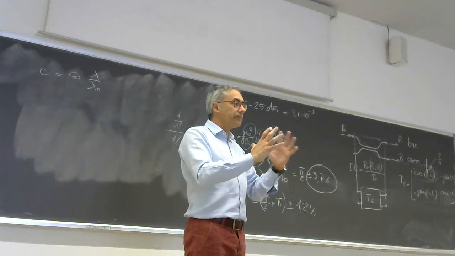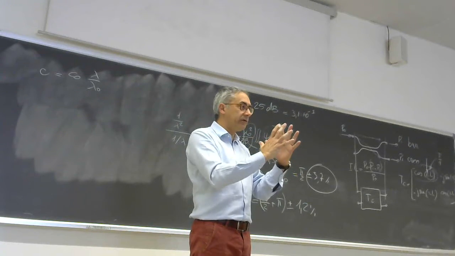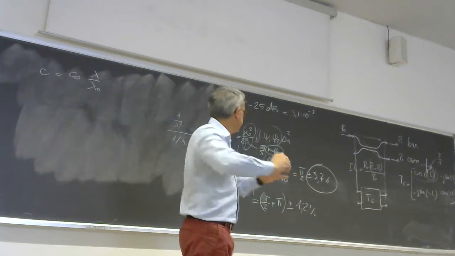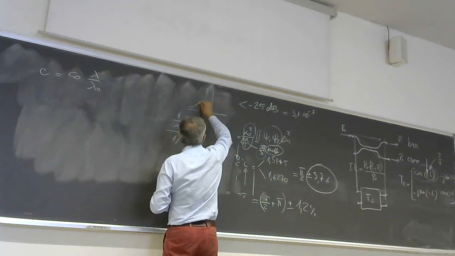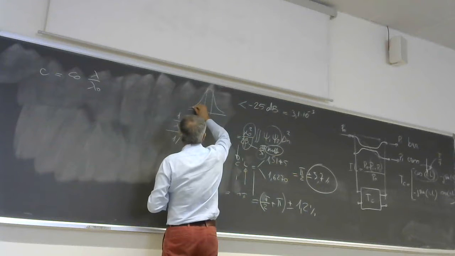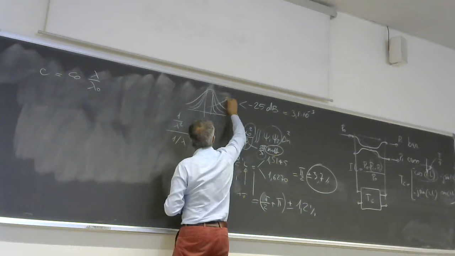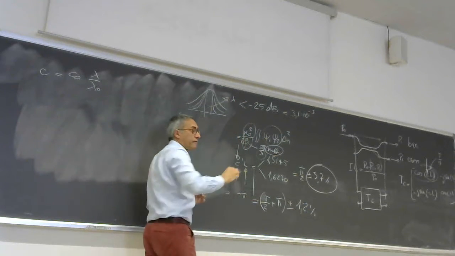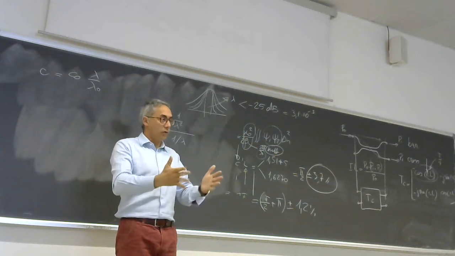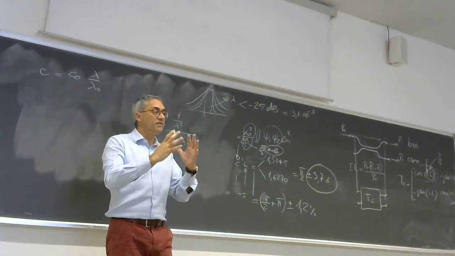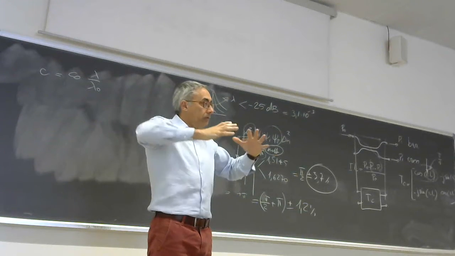The higher the wavelength, the larger the mode. The mode of the waveguide increases by increasing the wavelength. You remember, as the wavelength increases, the mode is less confined, and so the mode becomes larger.